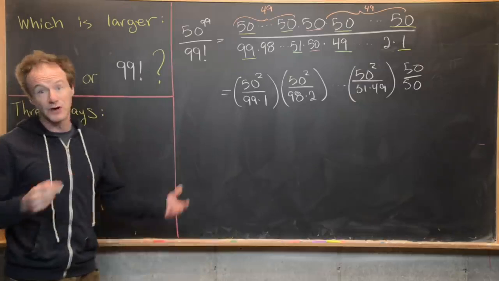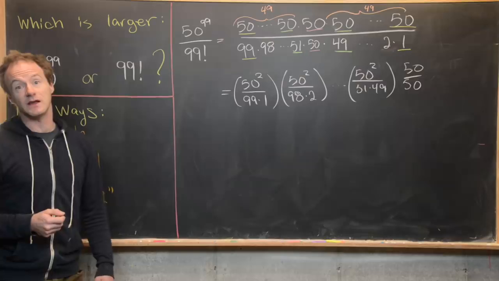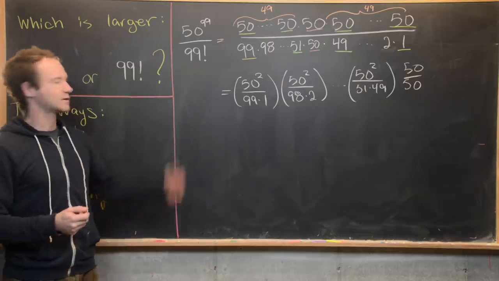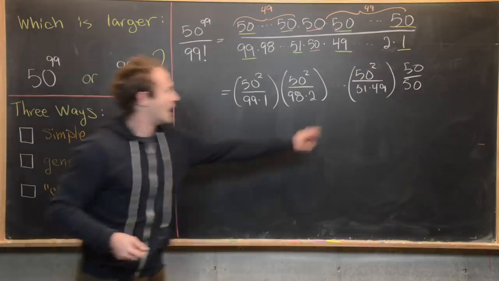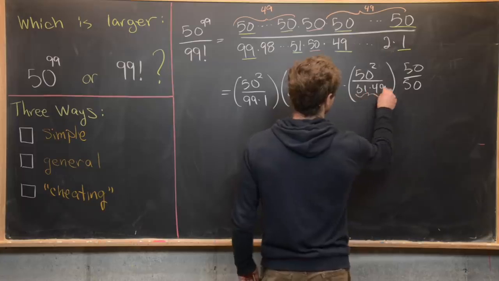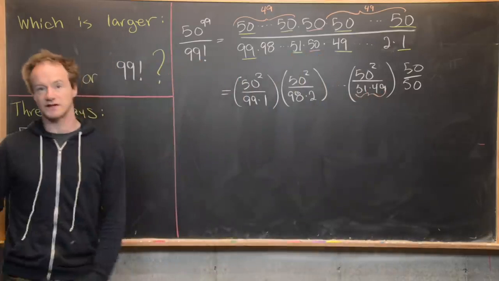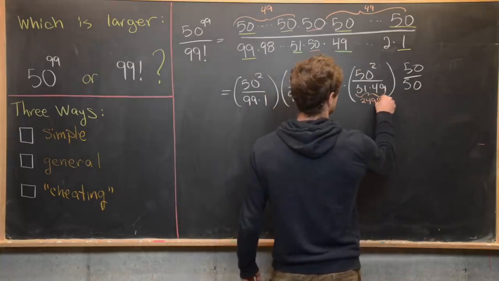Now it's pretty easy to check that 50 squared divided by 99 is bigger than 1. 50 squared is 2,500, but 99 is clearly smaller than that. And so on, all the way up to this thing right here. These denominators are increasing, but only up to 2,499.